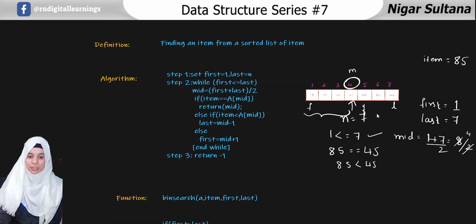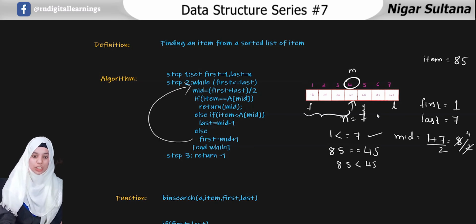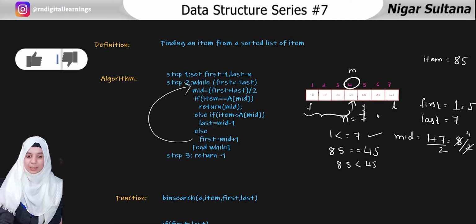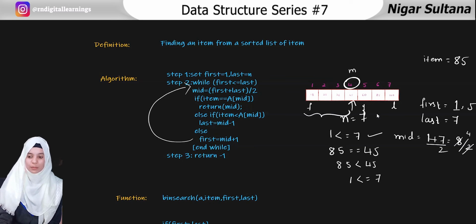Now again I must check the condition of while. Now this is my last and this is my first, so first is now 5. Let's check the condition. Is 5 lesser than or equal to 7?